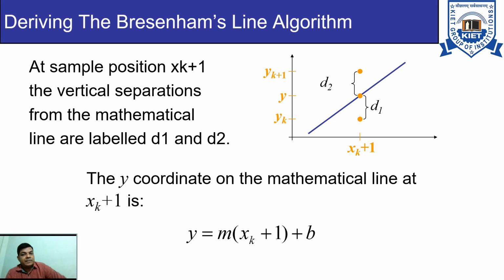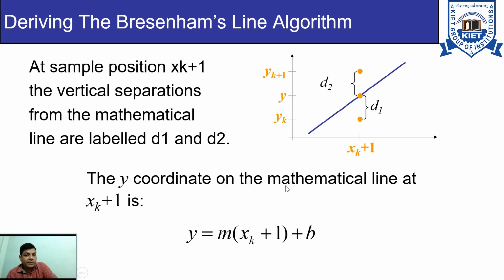The first distance is d1 and the second is d2, and whichever distance is less, we will activate that pixel. If distance d1 is less than d2, we will activate xk plus 1 comma yk, and if distance d2 is less, then we will activate xk plus 1 comma yk plus 1. At sample position xk plus 1, the vertical separations from the mathematical line are labeled d1 and d2. This we can already see from the figure.